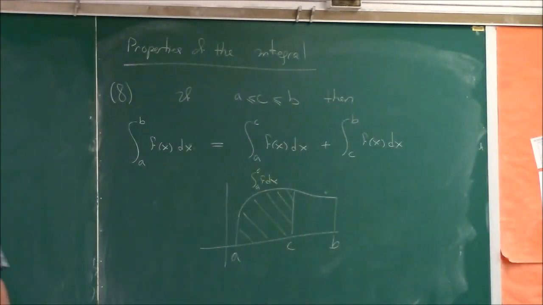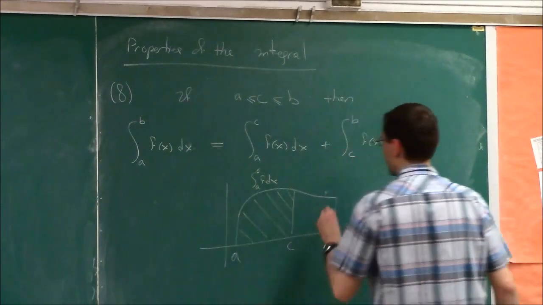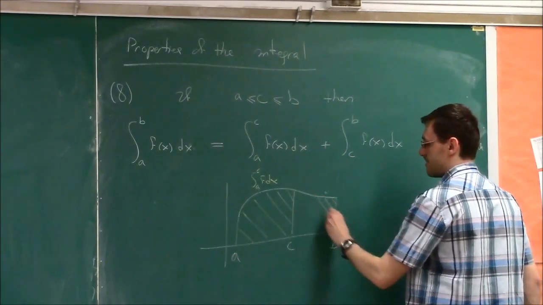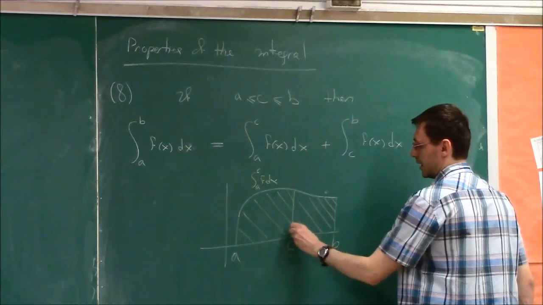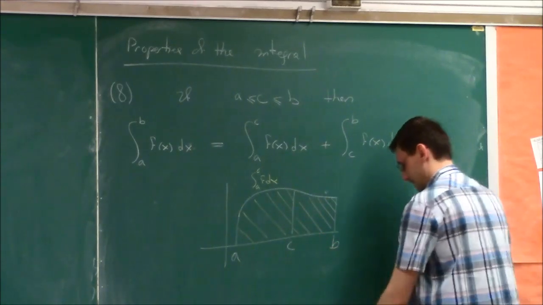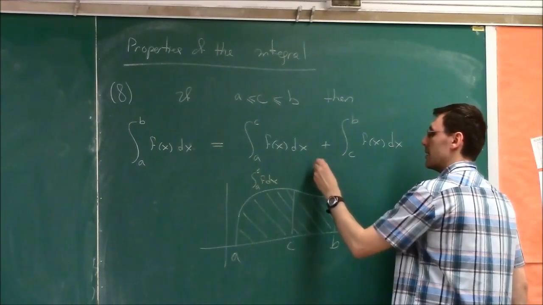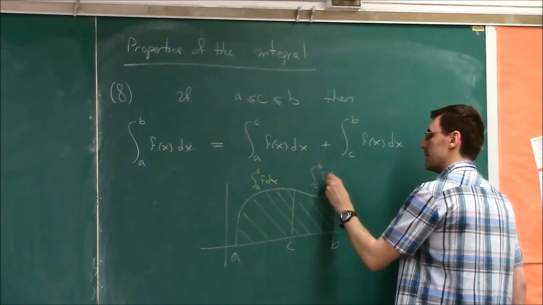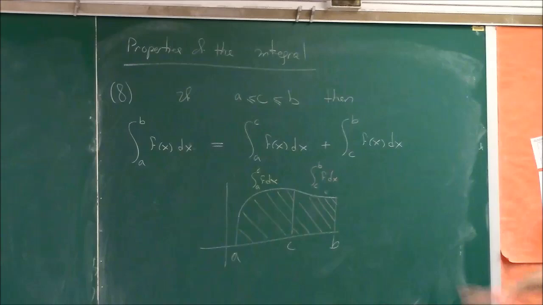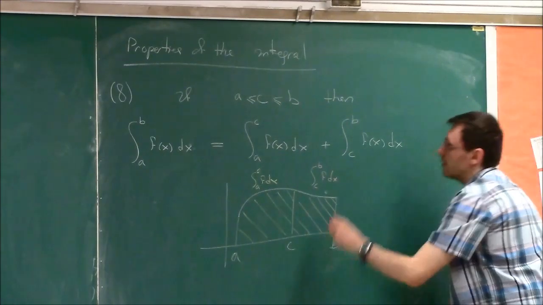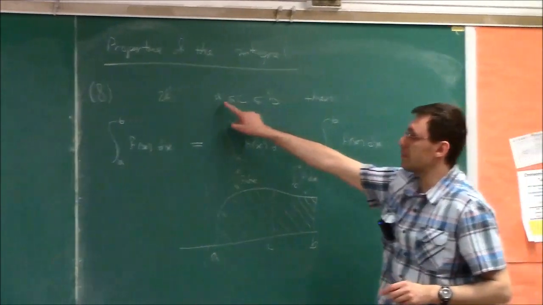And you can calculate the second portion separately by just counting the rectangles in it. And that would be from C to B, f dx. Okay?